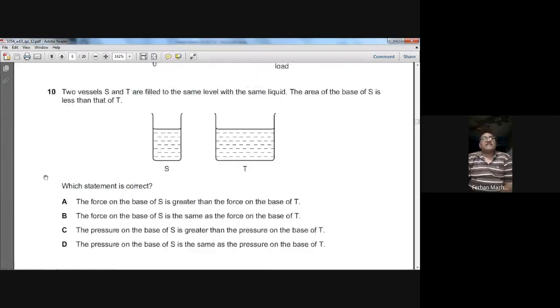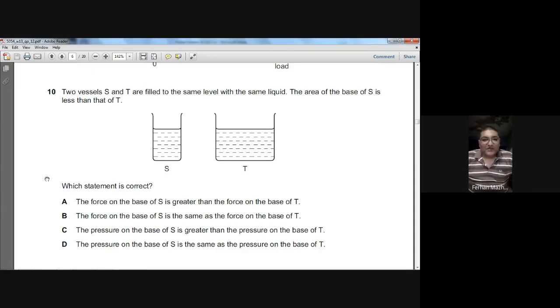Okay, on your screen, you can see question number 10. Two vessels S and T are filled to the same level with the same liquid. The area of the base of S is less than that of T. Which statement is correct? Remember one thing, we have liquid in both the vessels, and the pressure of the liquid does not depend upon the area of the vessel.